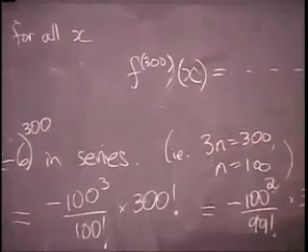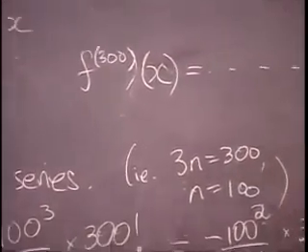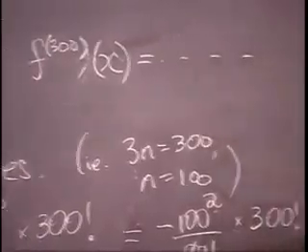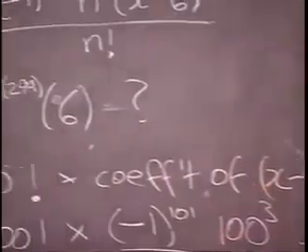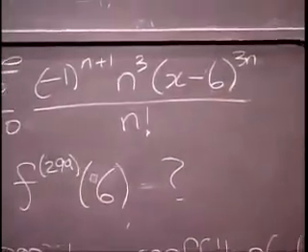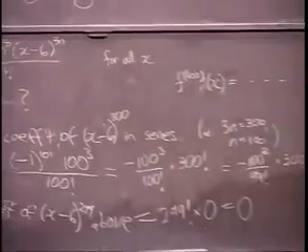I'm afraid that is very tricky. In this particular case, it's not that bad, but it's pretty nasty. You would actually have to differentiate this 300 times to see what it is.